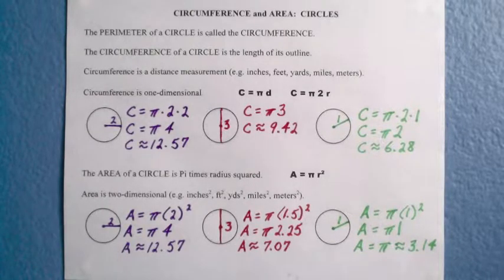We have a bigger number on top and a smaller number on the bottom. That's how we get a 3 point something. If there was a smaller number in the numerator and a larger number in the denominator, we'd have 0 point some decimal. So we need the larger number in the numerator, and that's the circumference.